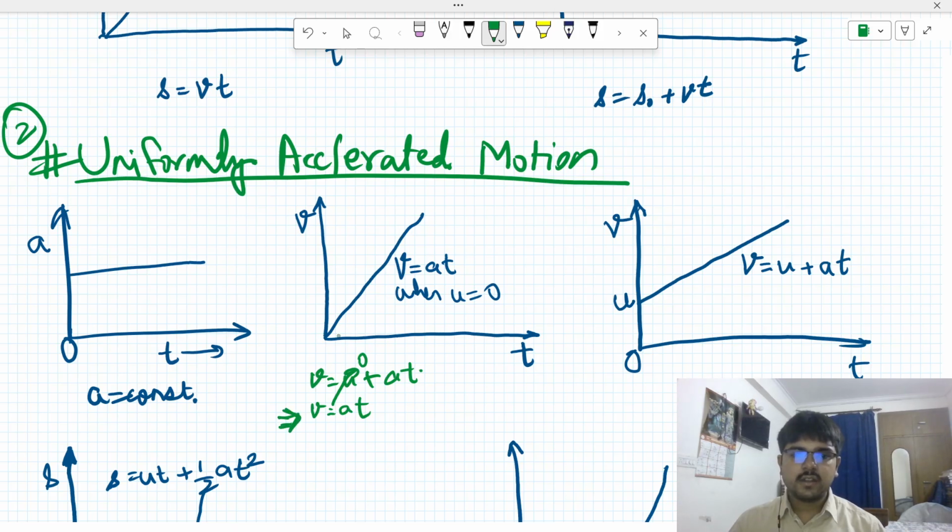That is how we get the v equals at graph. Then if we have u, our graph will look like this: v equals u plus at. So this is the u that is already present.